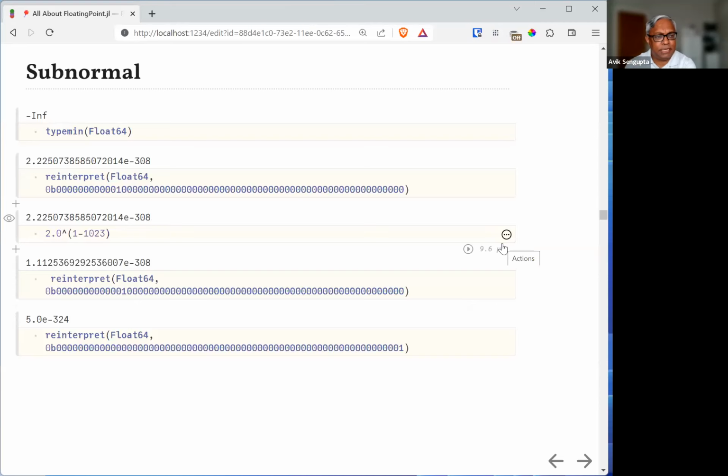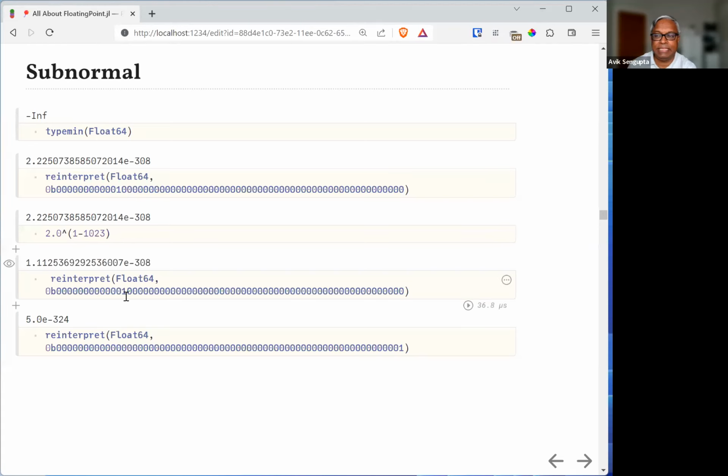Okay, the final special form that we will talk about very quickly is something called subnormal numbers. Subnormal numbers are basically numbers in which the significand has leading zeros.